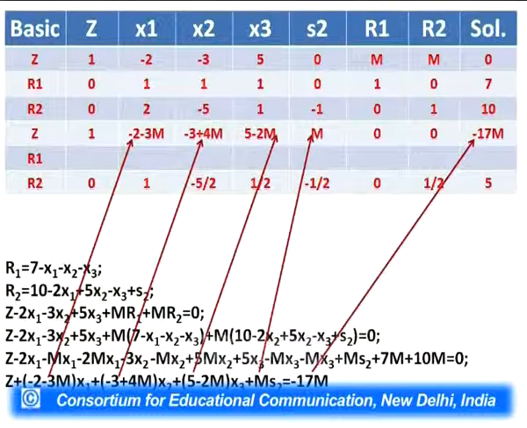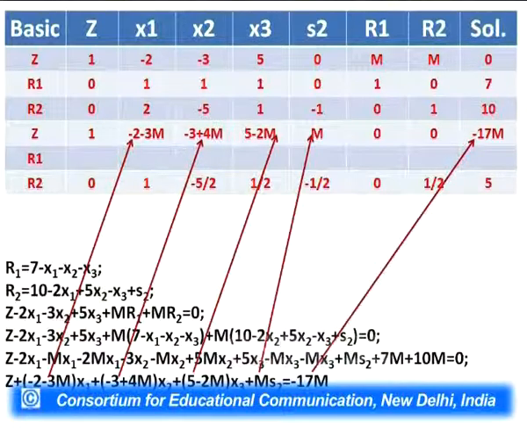Again, r1 is 7 minus x1 minus x2, and these are the coefficients which have been transferred to the r1 row and the r2 row, and from the basic constraint equations only these have been transferred. And we converted the objective function equation, removing the r1 and r2.